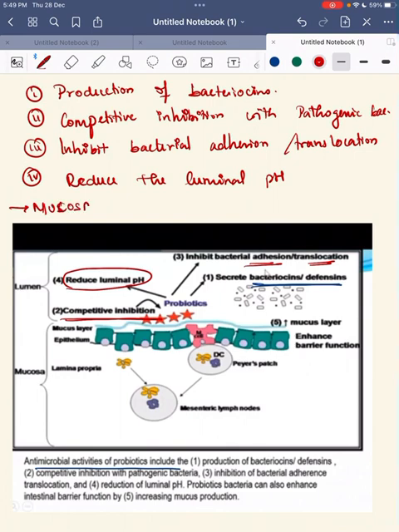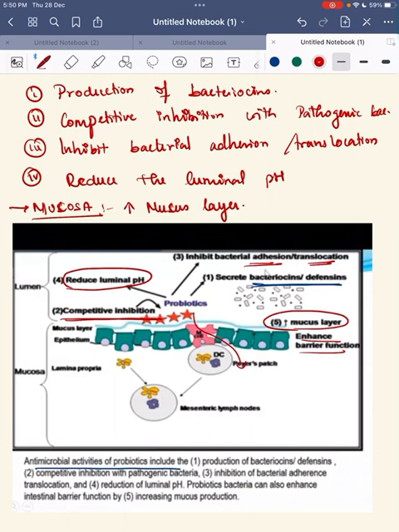They enhance the intestinal barrier function by increasing the mucus layer. That protects the gut by not allowing bacteria to enter the mucosa, submucosa, and muscular layer.